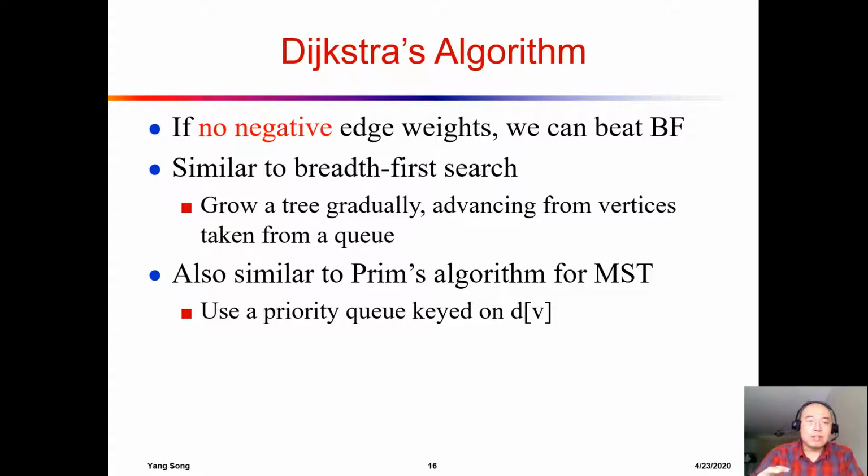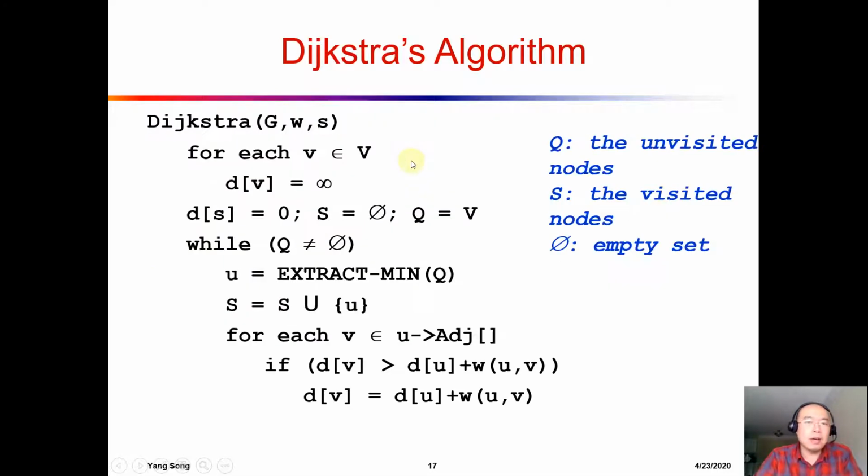So we start from the source, that is the only node we have, and then I explore a little bit and explore even more and keep on exploring. It also brings some ideas from Prim's algorithm, because we are going to maintain a queue, and we are going to use a binary heap version of the priority queue again. We are going to see that when we discuss the time complexity.